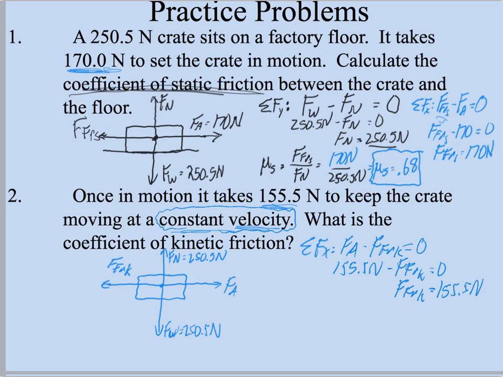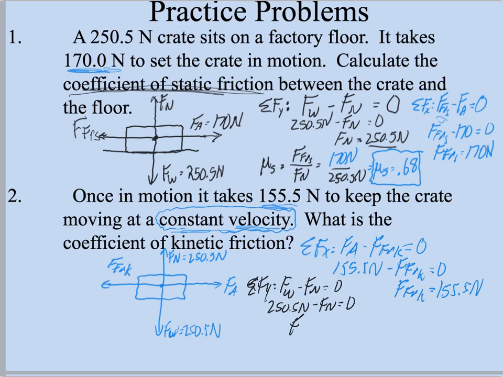I also could sum the forces along the y, and prove that the normal force is still 250.5. So it's going to be weight force minus normal force equals 0. The weight's 250.5 newtons.